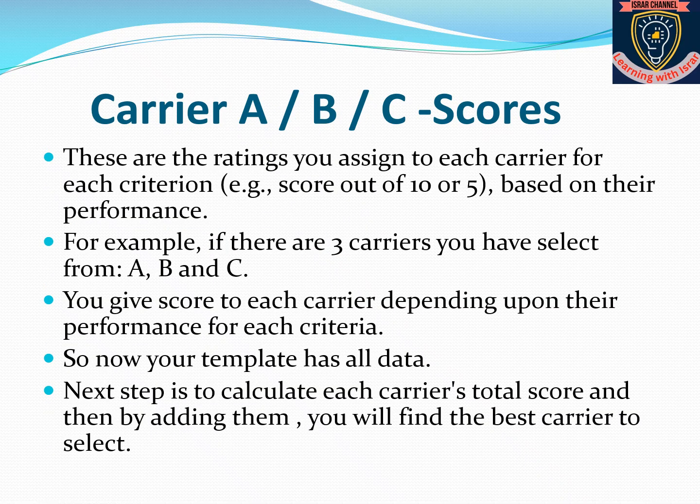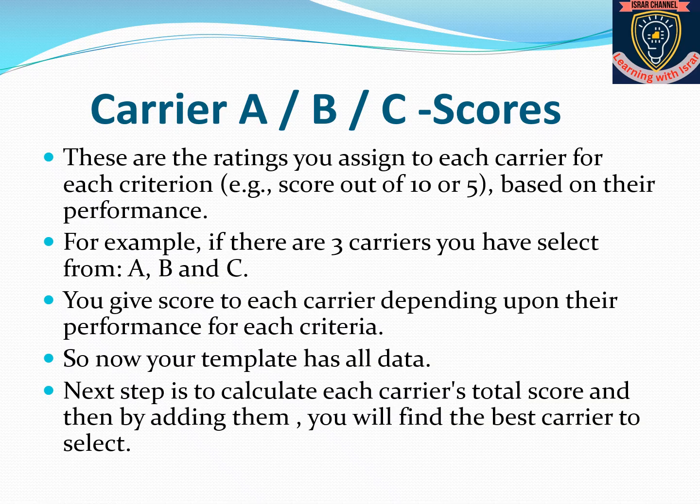The third component of the template is giving a score to each carrier you are selecting from. These are the ratings you assign to each carrier for each criterion, and usually you score out of 10 or 5, that is the maximum score, based on their performance.